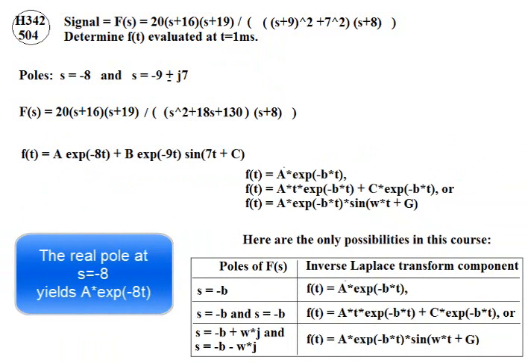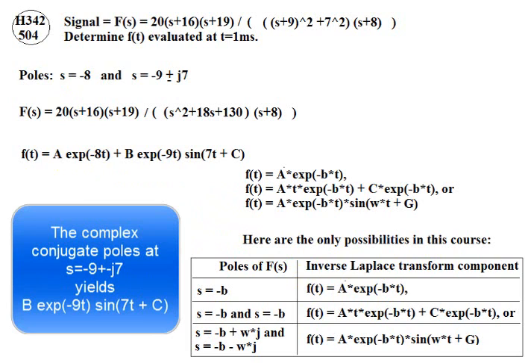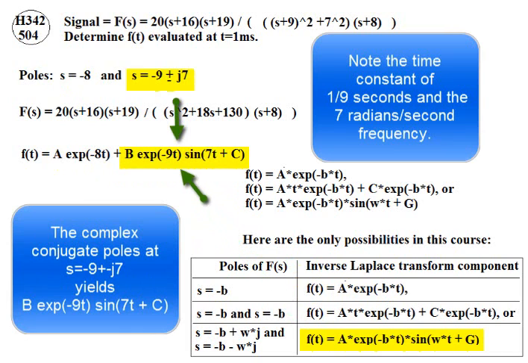The real pole at negative 8 yields A e to the negative 8t. The complex conjugate poles at negative 9 plus and minus j7 yield the damped sinusoid. Note the time constant of 1/9 of a second and 7 radians per second frequency.